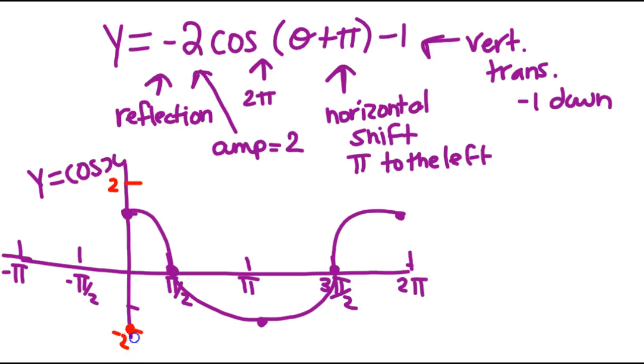So we'd be starting here, and then we'd come to here, here, here, and here. So that is if it has a reflection and an amp of 2.